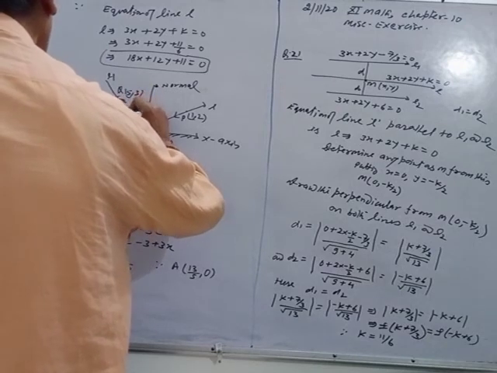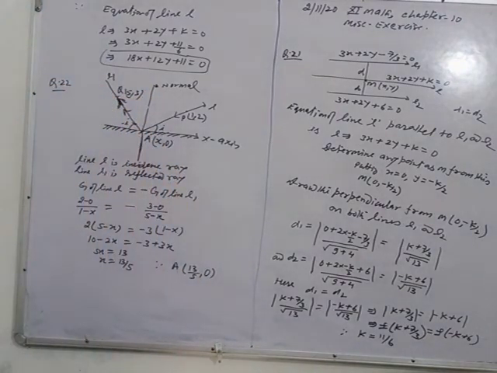The coordinate of Q is (5, 3). So from the normal, the angle of incidence is equal to the angle of the reflected ray. You know, the angle of the incident ray is equal to the angle of the reflected ray. So here the gradient of AP, P(1, 2), A(x, 0), the gradient of AP is equal to minus the gradient of AQ.